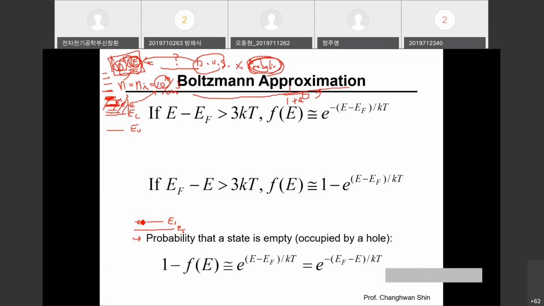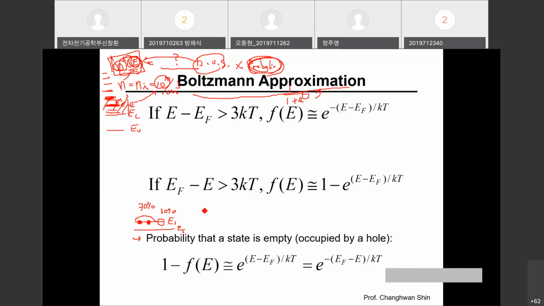Once you find out the probability of finding an electron in this energy level at E1, then you will spontaneously estimate how many holes are available in the same energy level E1, because if 70% of the probability value indicates the electron's existence rate, then the other 30% would be for the holes' existence.